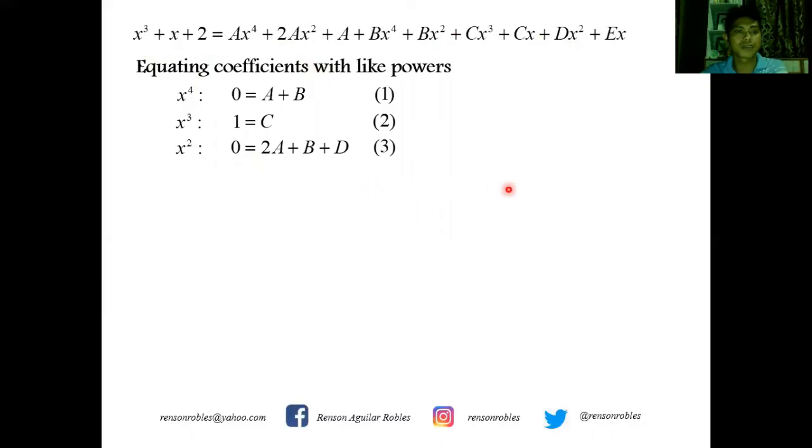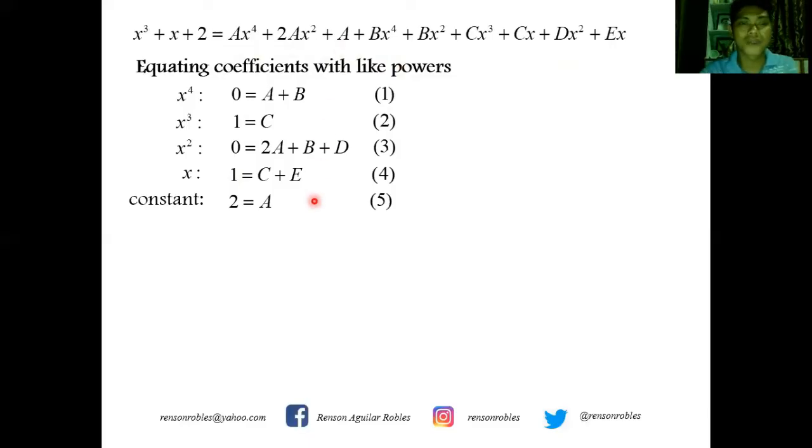And then for the term containing x, we have 1 on the left, and on the right side, we have c and e. Okay, and then for the constant term, 2 on the left side, and only this term is considered constant. So you have 2 equals a.